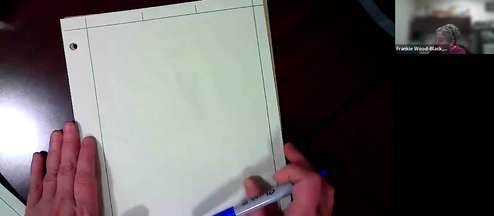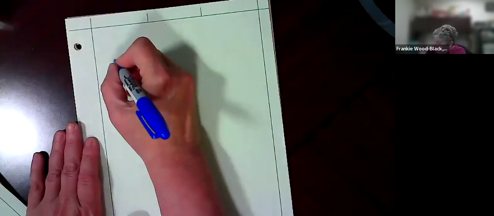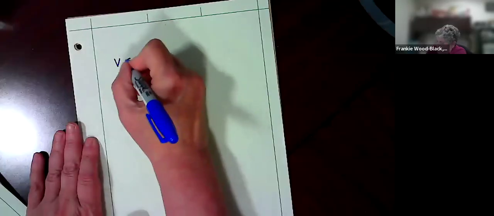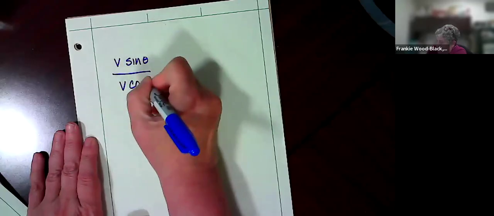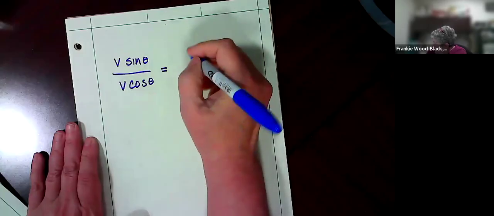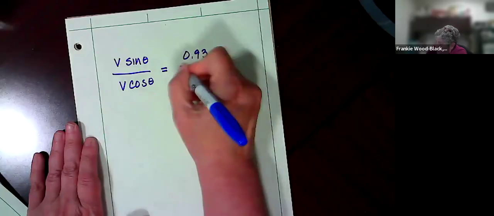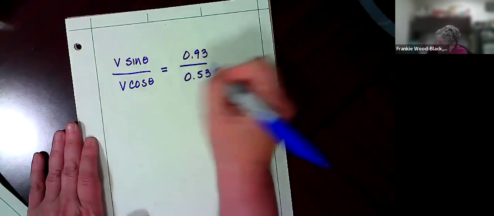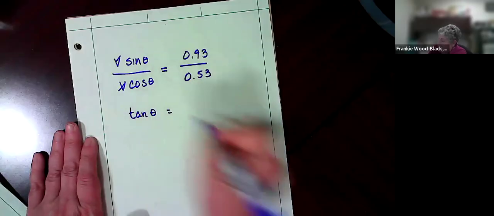So I'm going to do a little mathematical trick. I'm going to do v sine of the angle divided by v cosine of the angle. That's going to give me 0.93 divided by 0.53. The v cancels, and this is the tangent of the angle.